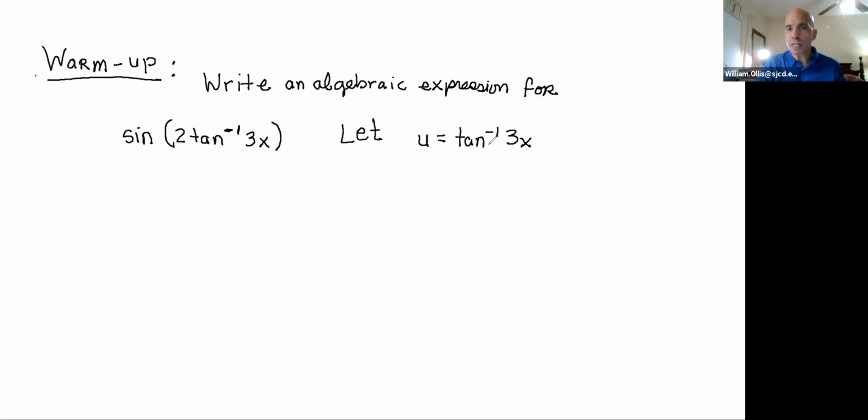And you notice this is a double angle formula, so we're going to have to use that too. Now, what does this mean? I'm going to go through all of this information when we derive some formulas for the inverse trig functions, but I just wanted to do a pre-cal problem that hopefully will make you feel comfortable. So now we're going to apply tangent to both sides. So tangent of u will just equal 3x.